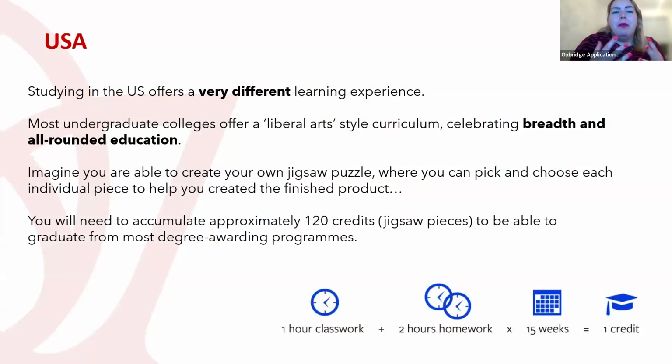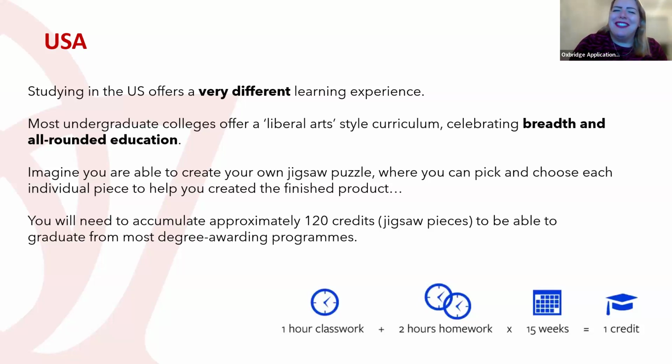It's a very liberal arts style program, and by that I mean it celebrates breadth and an all-rounded education. So it is very, very common for universities to have students studying math, English, sciences, humanities, social sciences, languages, drama, IT, almost everything in the academic spectrum, because US universities really value that breadth and awareness of lots of different academic disciplines.